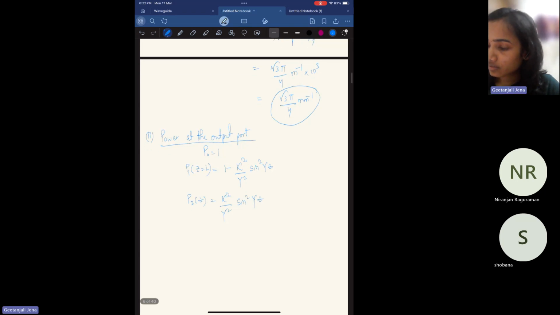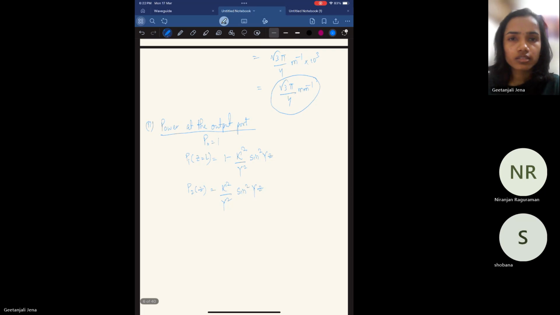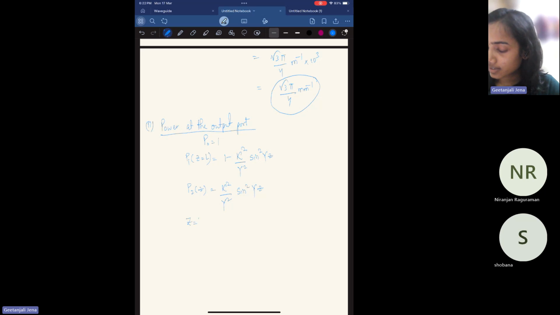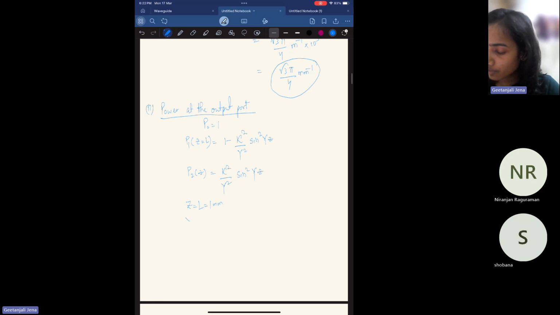What is the value of z? It is given the interaction length is 1 mm, so z is 1 mm, and gamma we have already calculated, it is pi by 2 per millimeter.